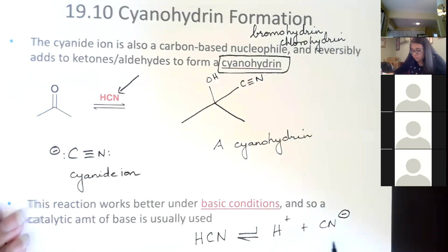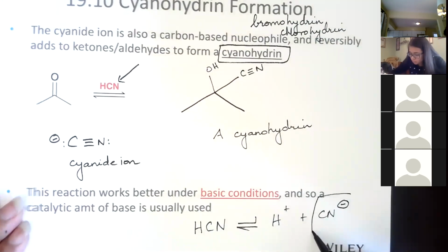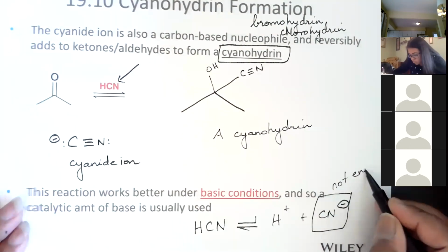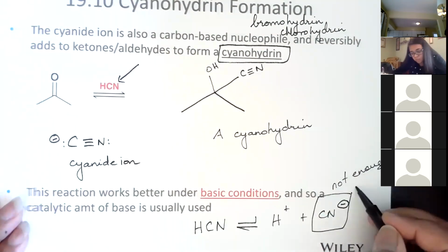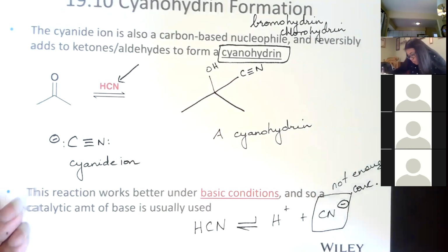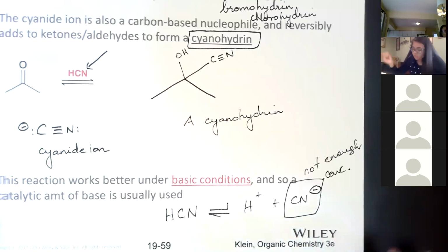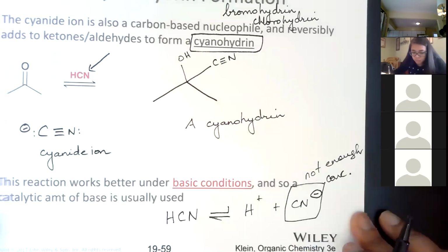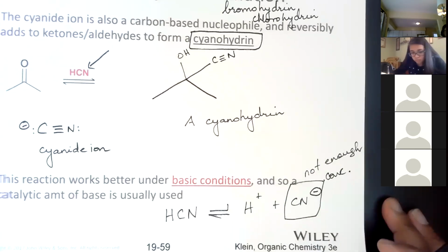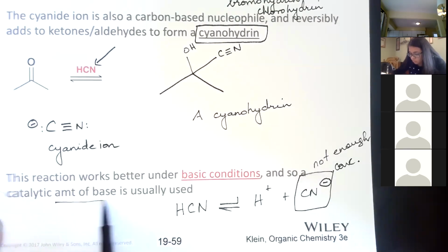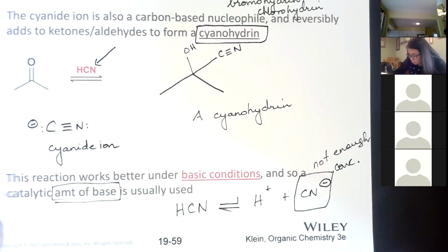Now, because this is a weak acid, you do not have enough concentration. So what do they do? They add a little bit of a base, a catalytic amount.